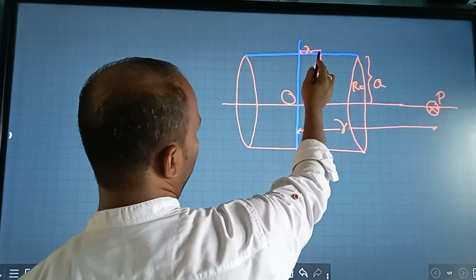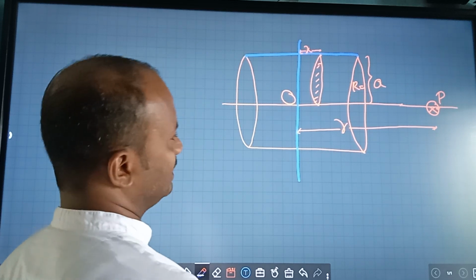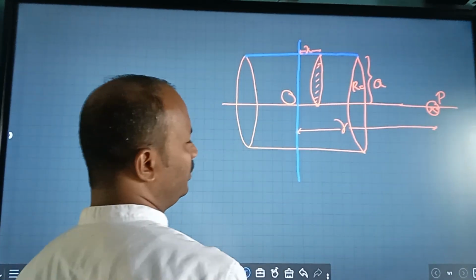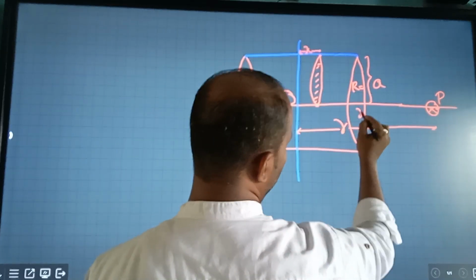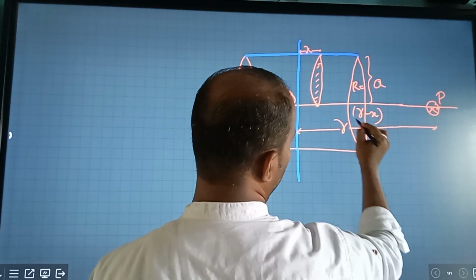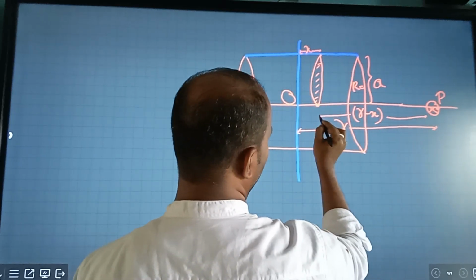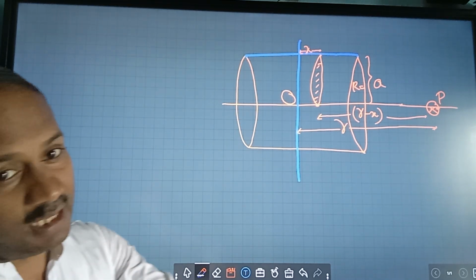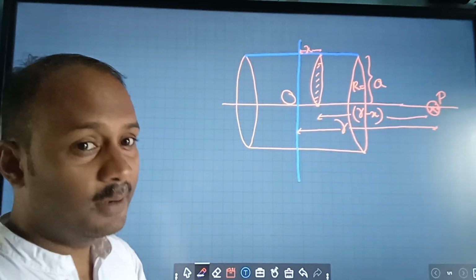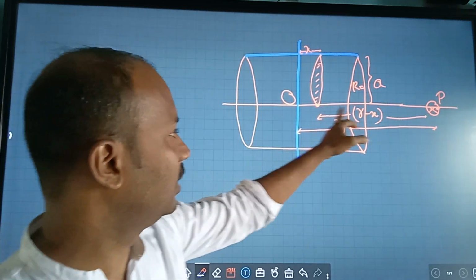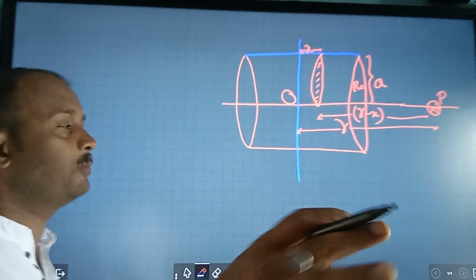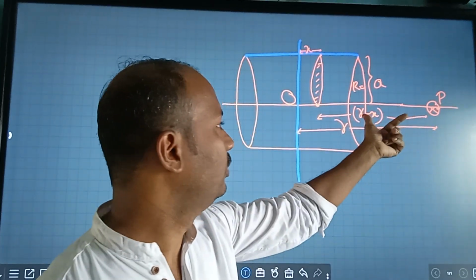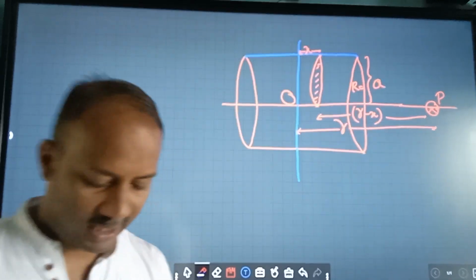From here to here the distance is x. Therefore, from this point to the point P, the distance becomes r minus x. So we have to find out the magnetic field at the point P from here to here, with a distance r minus x.